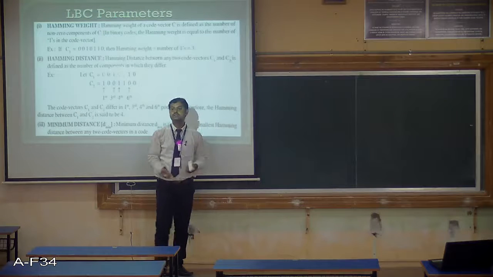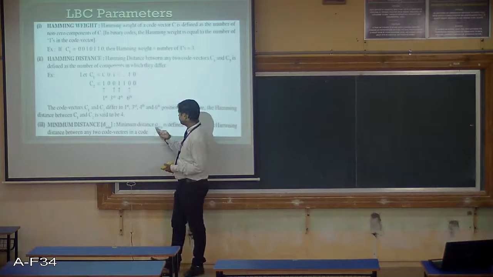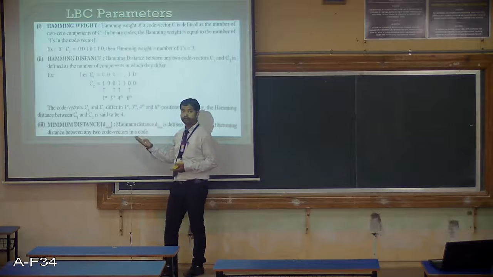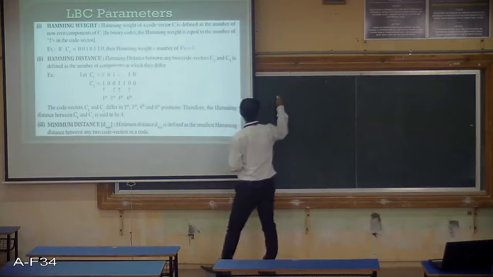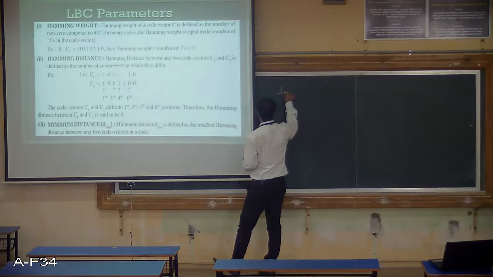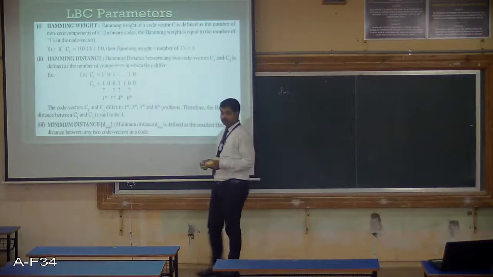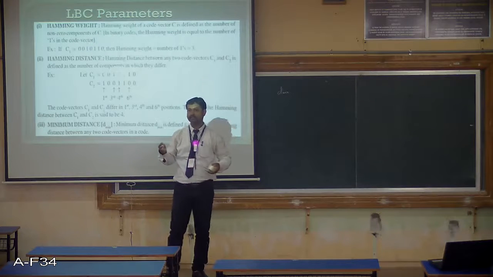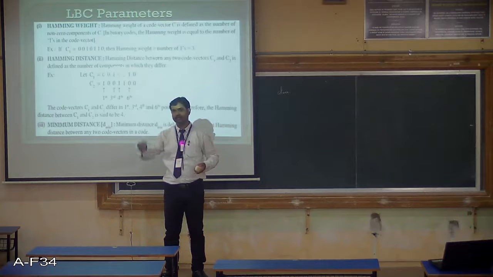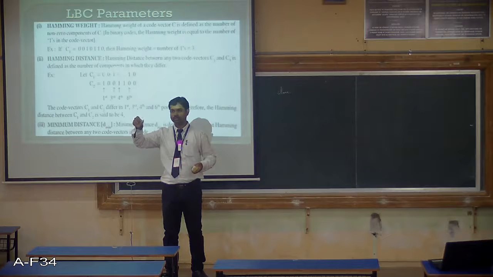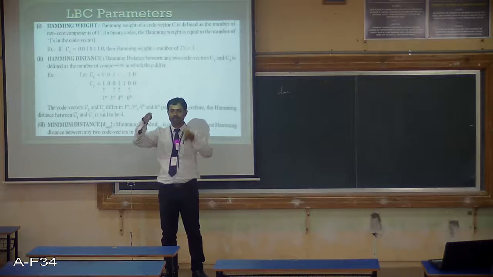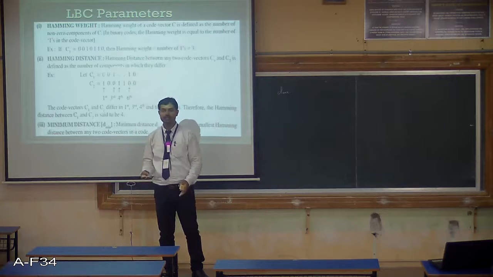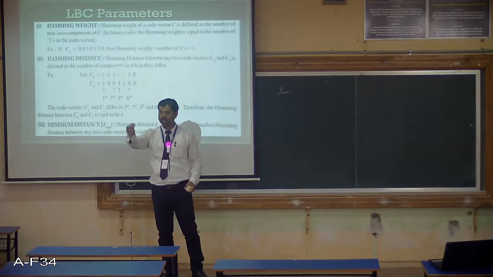How do we define D minimum? If you list out the 16 code vectors and find the Hamming distance between adjacent code words, and compare all those Hamming distances, you should pick the minimum.